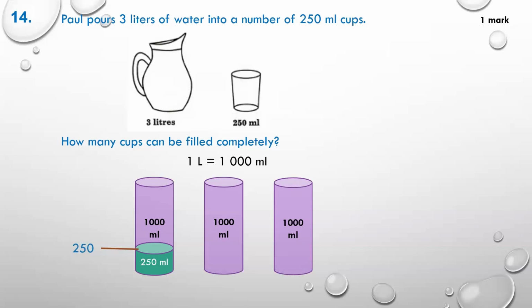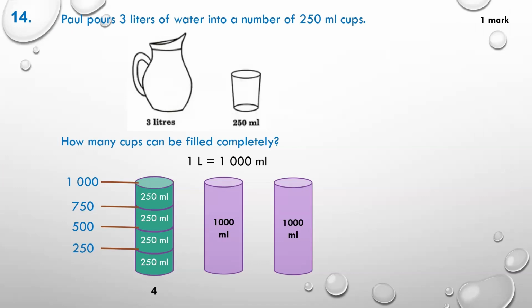So if we put 1 cup, it will reach 250. If we fill a second cup, 250 and 250 is 500 ml. A third cup gives another 250, which is 750 ml. If we add a fourth cup, that will give us 1,000 milliliters. So 4 cups can be filled from 1,000 milliliters of water, or 1 liter of water.